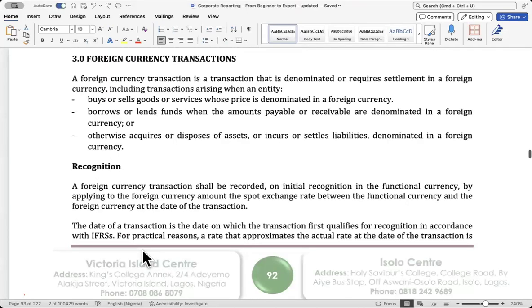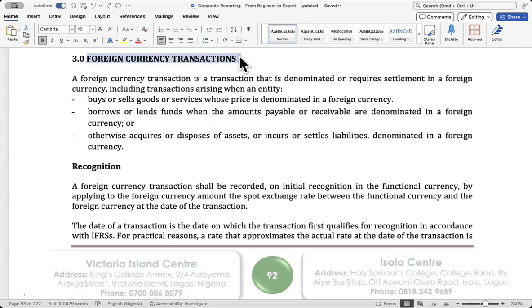So now, let's go to the basics. Foreign currency transactions. So that would be my focus majorly for tonight. Not more on foreign operations, even though I'll mention a few things around that as well.